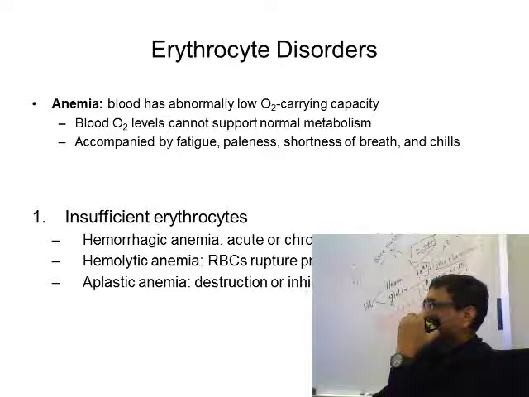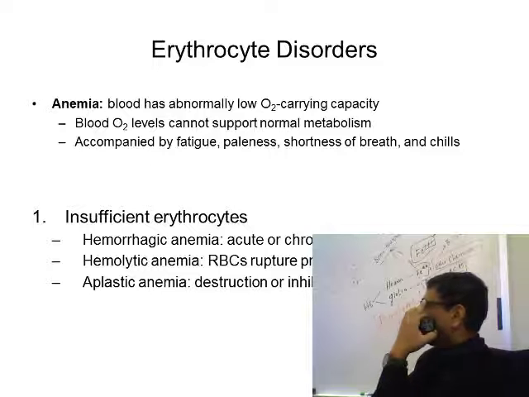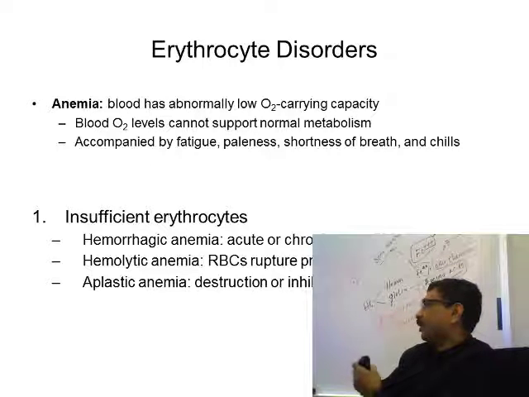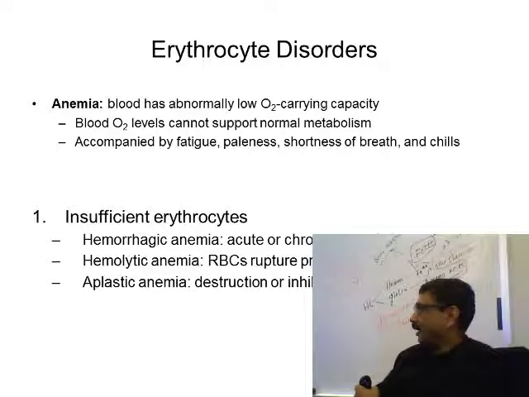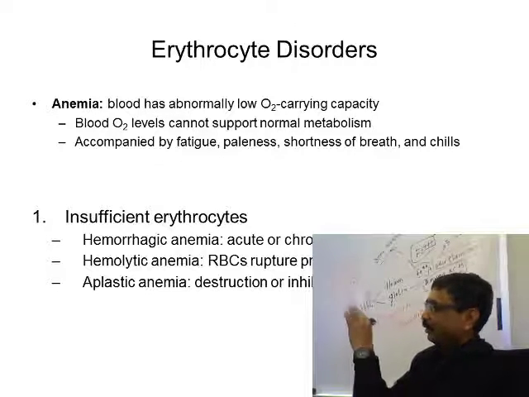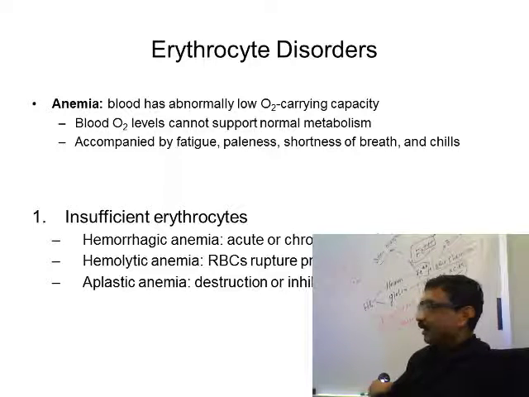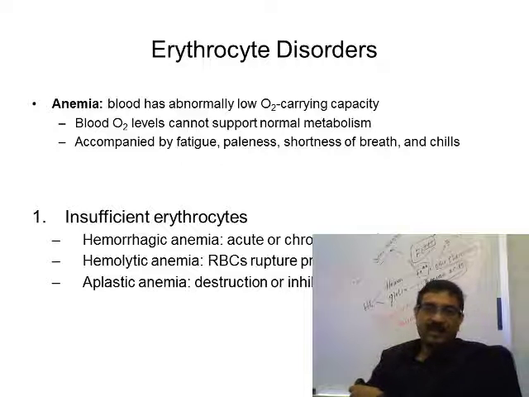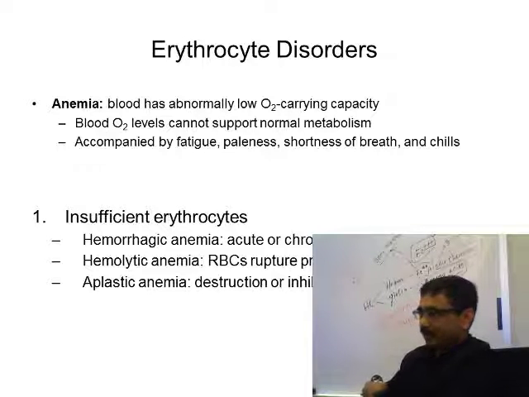How can the red blood cell count in your circulation go down? Number one is hemolysis, breakdown of red blood cells, and that is called, sorry, no, not hemolysis. First is hemorrhagic anemia, bleeding. Hemorrhage is the bleeding. So if excess bleeding occurs from the body, you lose blood, then the number of red blood cells will definitely go down because red blood cells will get out from the body.